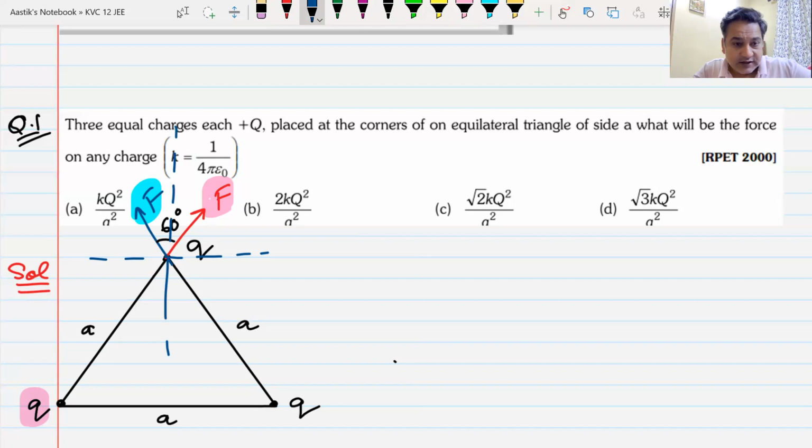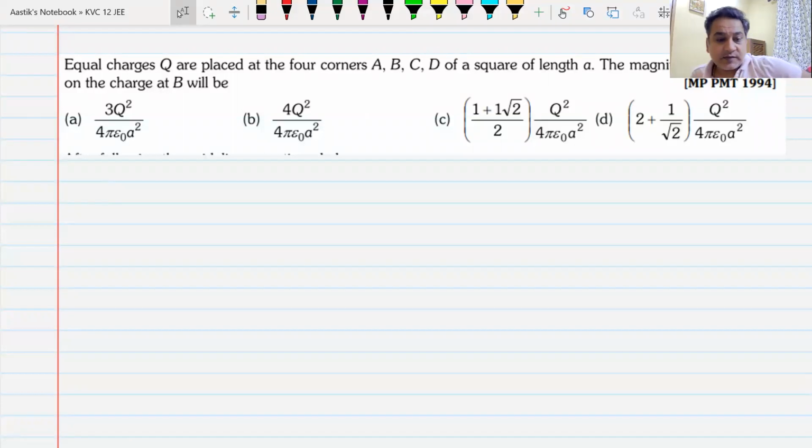Okay, then there is a small question here which I will give you, and if you can tell me the answer quickly, because I need to finish the class. Equal charges Q are placed at the corners A, B, C, D of a square of length L. Find the magnitude of force on the charge at B. You can take B as any point, it doesn't matter.